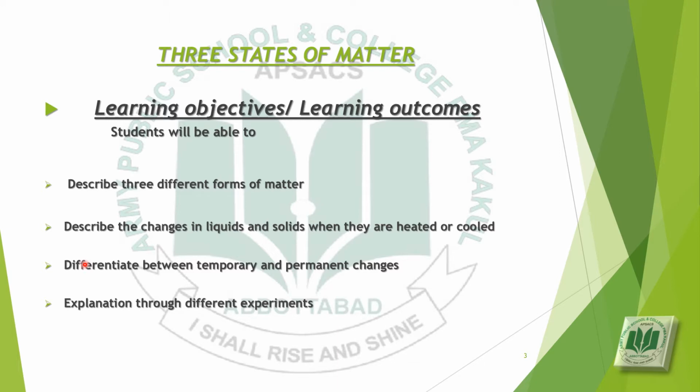Then they will describe the changes in liquids and solids when they are heated or cooled. Afterwards, students will be able to know or differentiate between temporary and permanent changes. And in the last, students will explain all these important points through different experiments. So these are our today's learning objectives of the lecture.